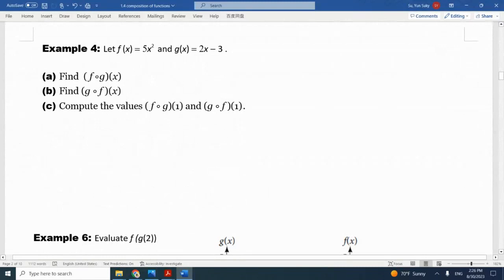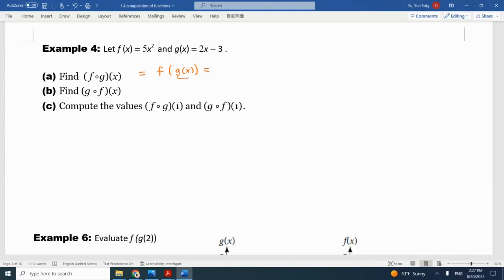Now, if we are given formulas, what is F composite with G and what is G composite with F? F composite with G is F of G of X, and you always evaluate from the inside to the outside.